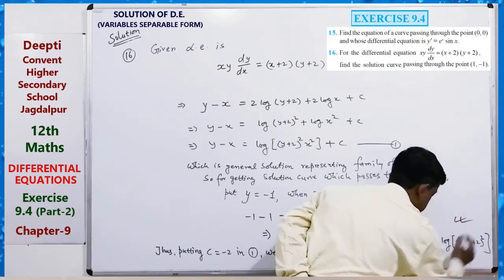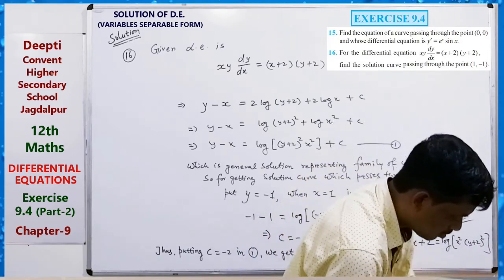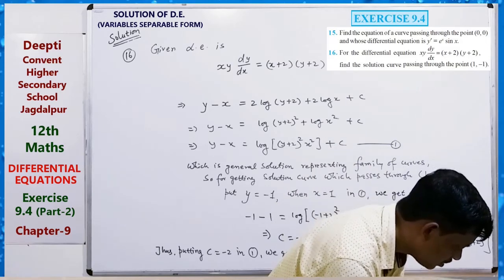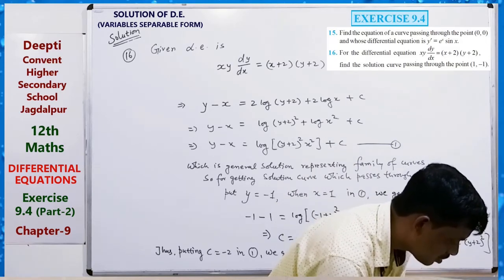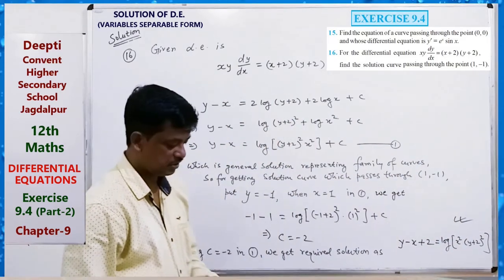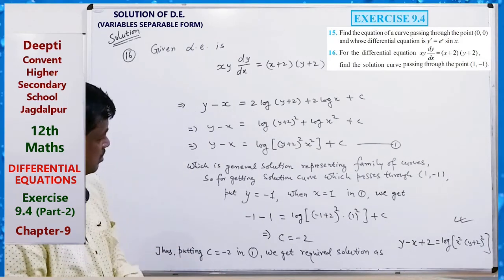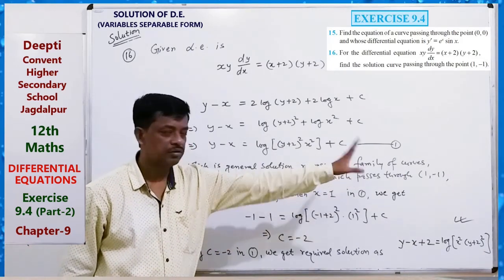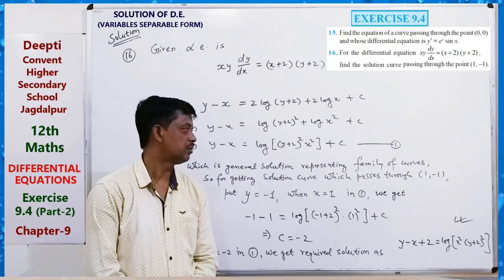So this is our solution. Okay, so question 16: y minus x plus 2 equals log[x^2 (y+2)^2]. So this is the particular solution satisfying the condition of passing through (1, -1).